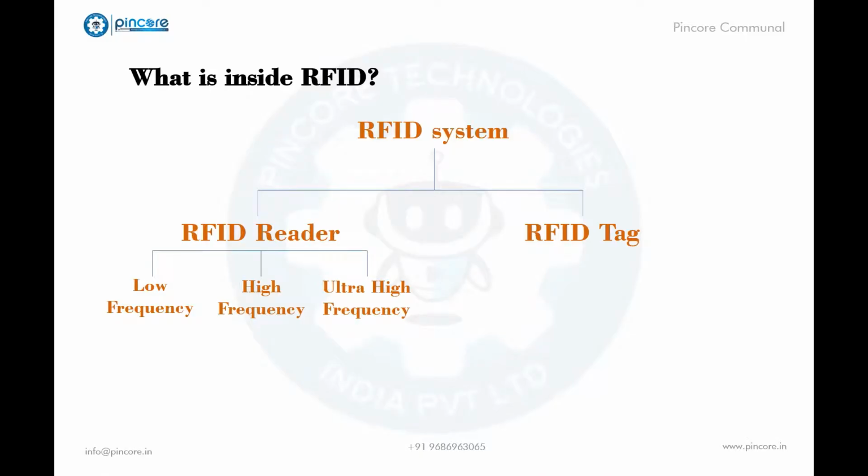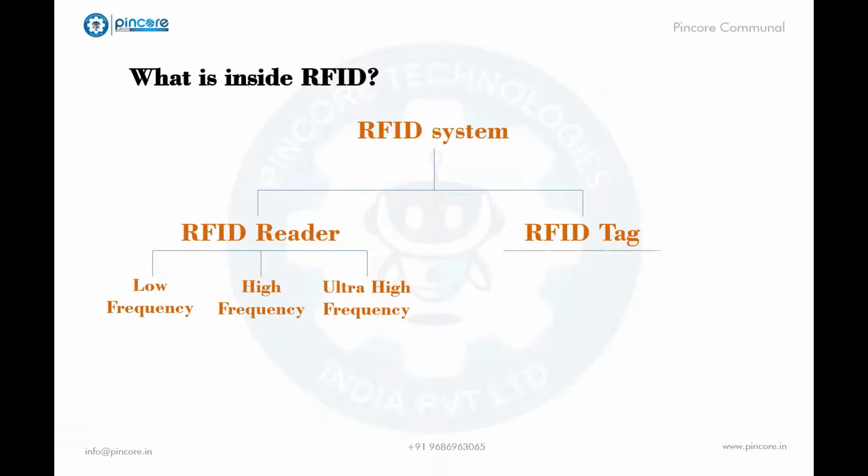The range of low frequency is 125 kHz to 134 kHz and can go up to 10 centimeters. High frequency radio waves have 13.56 MHz and can go up to a range of 1 meter, whereas ultra high frequency has 860 MHz to 960 MHz and can travel a longer range.